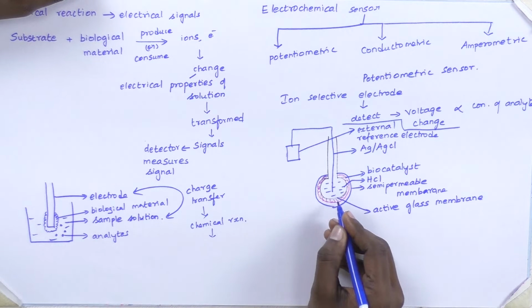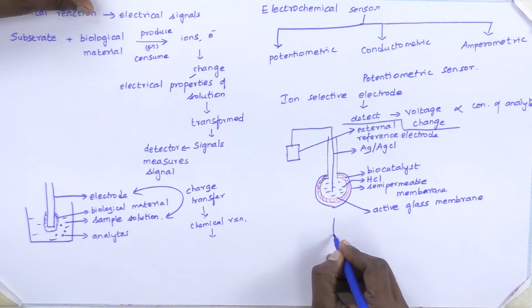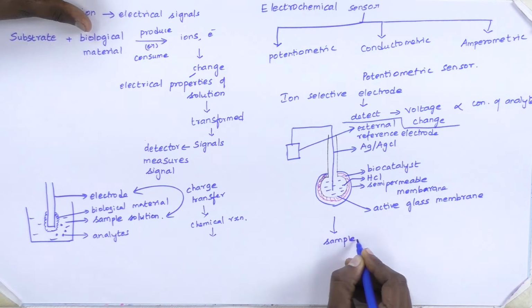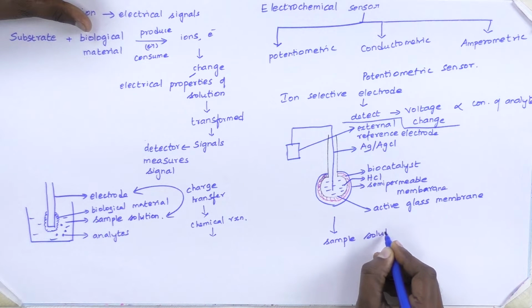When this electrode is placed in any sample solution, the analyte present in the sample solution diffuses selectively through the semi-permeable membrane.